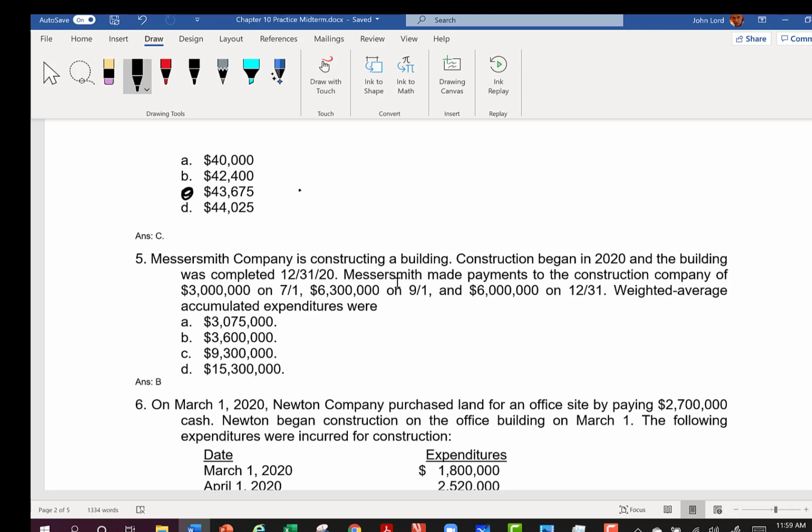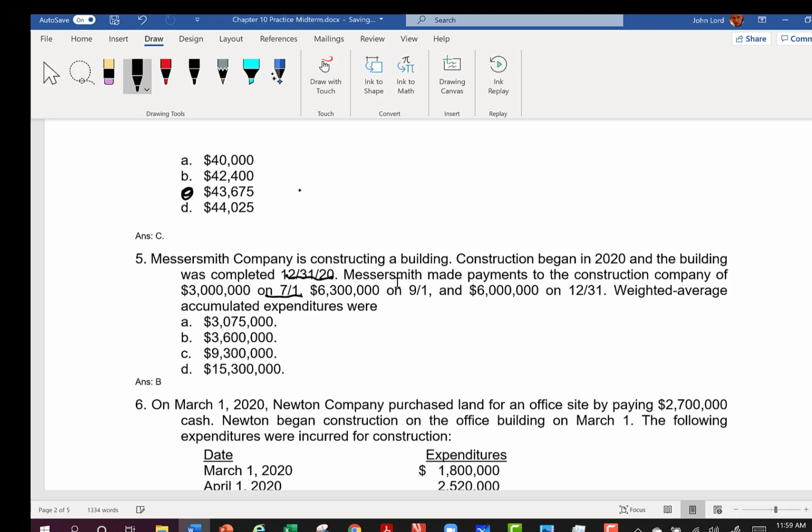The way you calculate the weighted average accumulated expenditure is the amount of time that expenditures were outstanding, and we do that on a fraction of the construction period. So we began construction in 2020, and we completed on 12/31/2020.